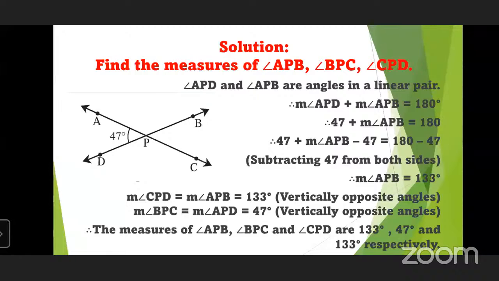Fine. So the angles which are vertically opposite are equal to each other. So angle APD and angle BPC are equal to each other. It means angle BPC will be 47 degrees, angle DPC is 133 degrees, and angle APB will also be 133 degrees.